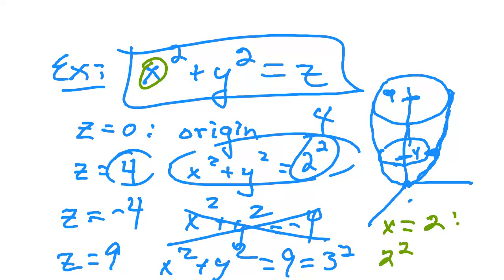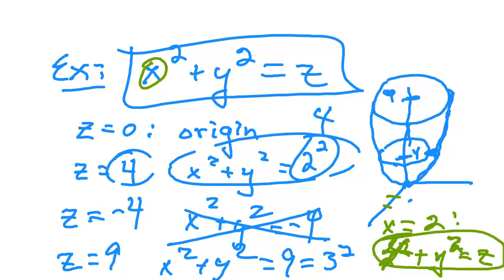Then we get 2 squared plus y squared equals z, so this is y squared plus 4 equals z for the particular x equals 2. And what do we have? That ends up being a parabola, right? So anyway, this is a circular paraboloid, I believe is what it's called.